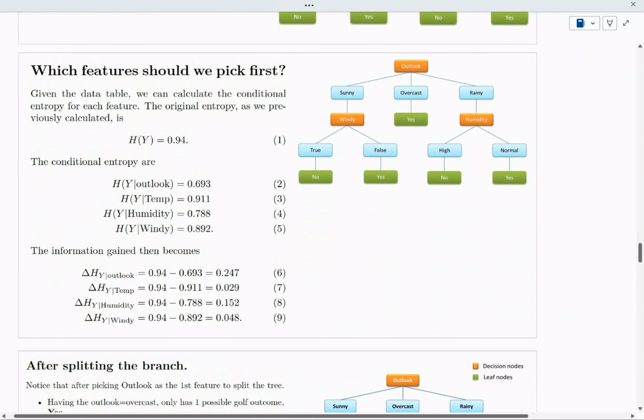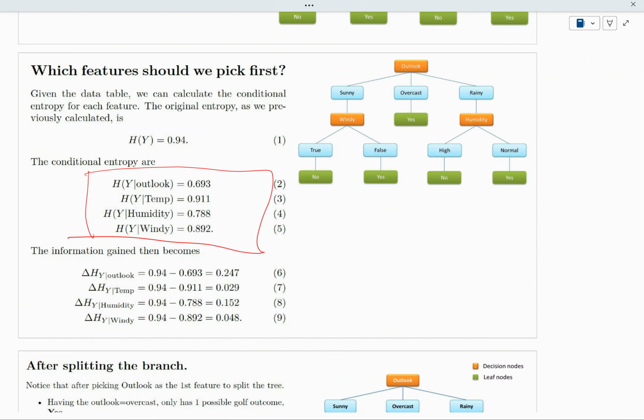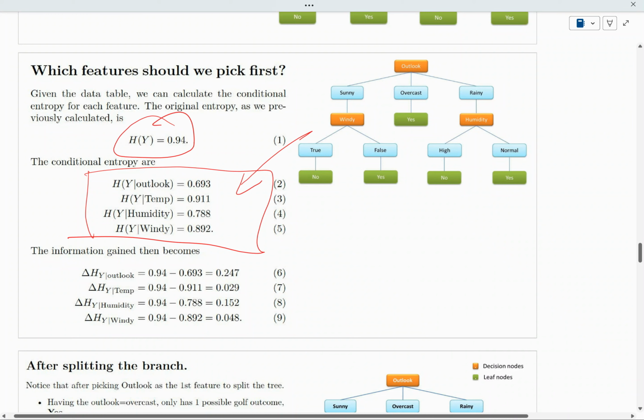Now, given this table that we had, we knew that the original information is this much. If that's the original information, what we do is we simply calculate the conditional entropy for every single one of them. Then we know the original minus the conditional is the information gain.